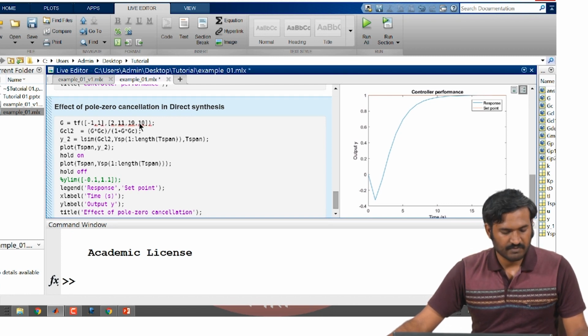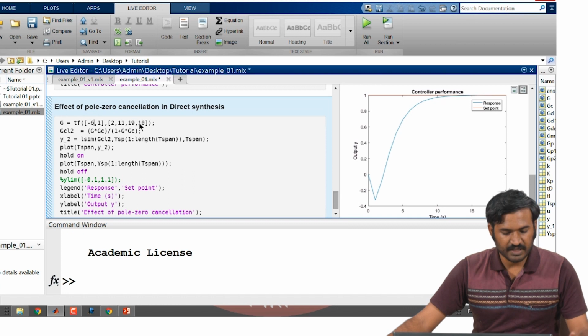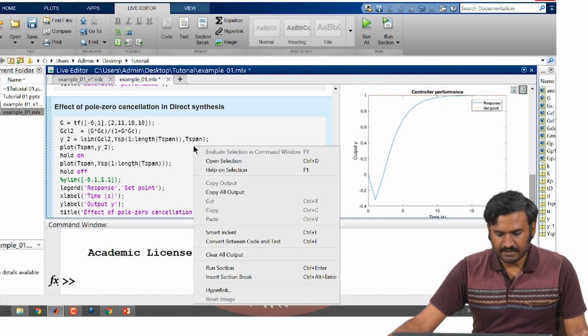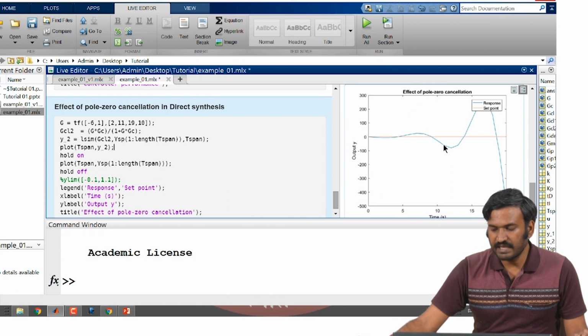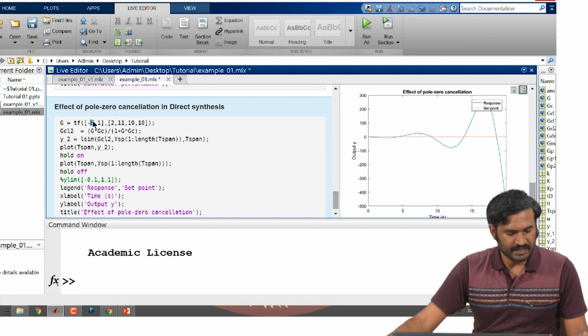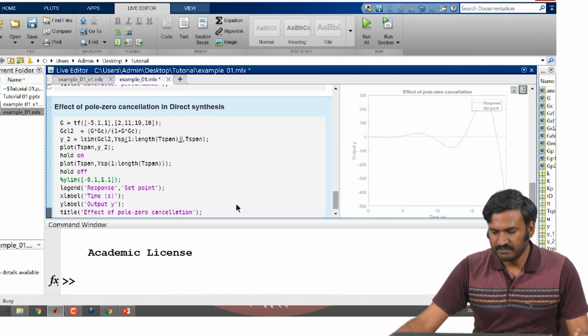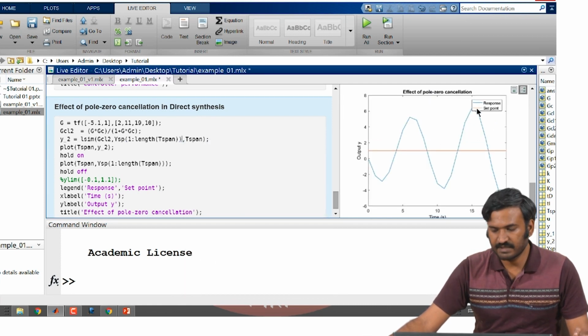Suppose let us assume it to be 6 and then run this code. So as you can see, the system starts to become unstable here. Even if it is something like 5.1, you will find that the system starts to become unstable. So the magnitude of the oscillation keeps on increasing.